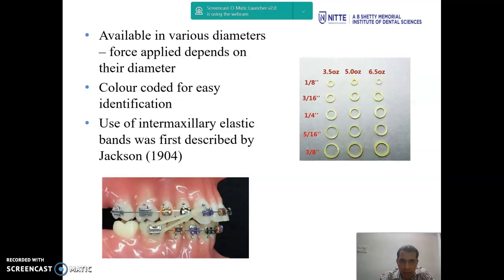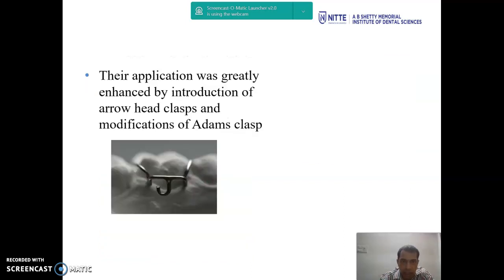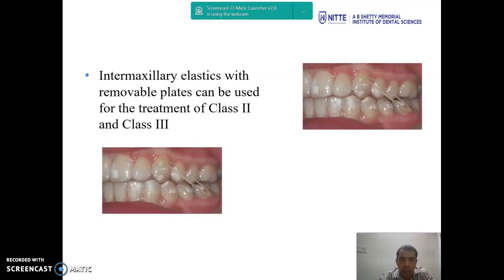We have intraoral elastics, we have extraoral elastics. Their application was greatly enhanced by introduction of the modified arrowhead clasps and the modifications of the Adams clasp.